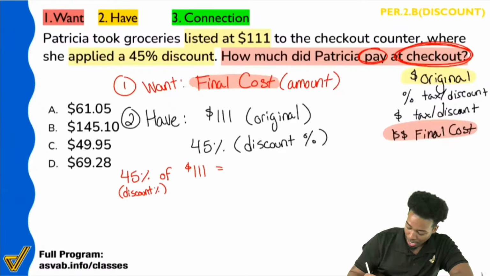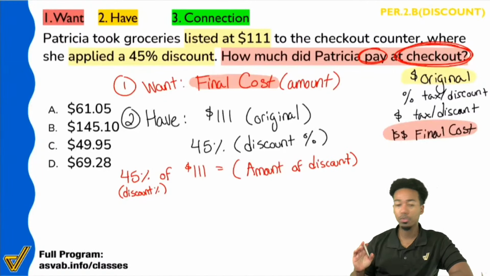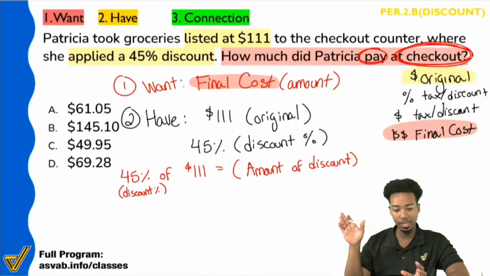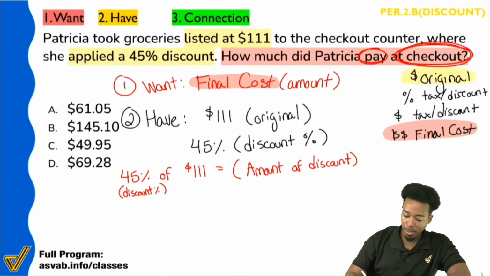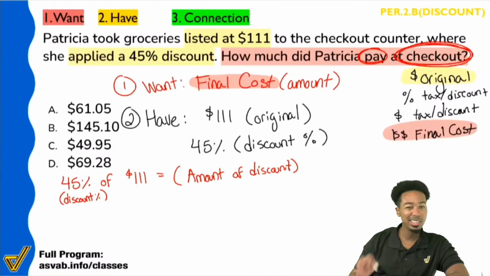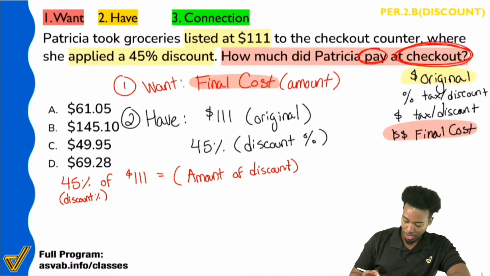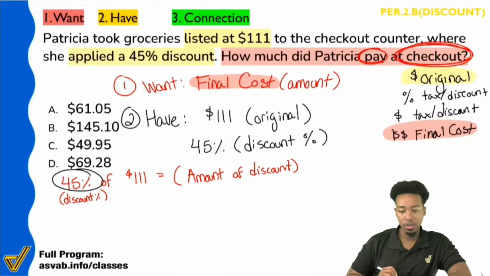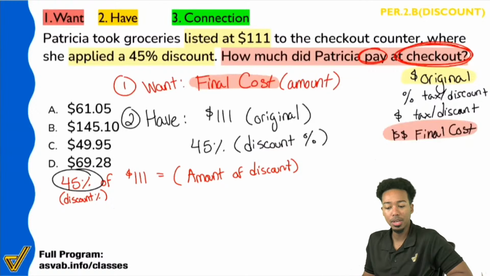So that means that your answer will represent the amount of the discount. So here's what you can do if you accidentally just applied the 45% and you didn't even think about it. Let me show you why that would be wrong, but you can easily fix it with one little change. Everybody, what do you do? 45%, what's that going to be as a decimal?